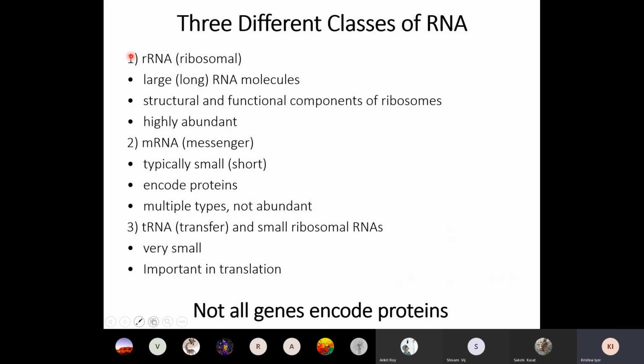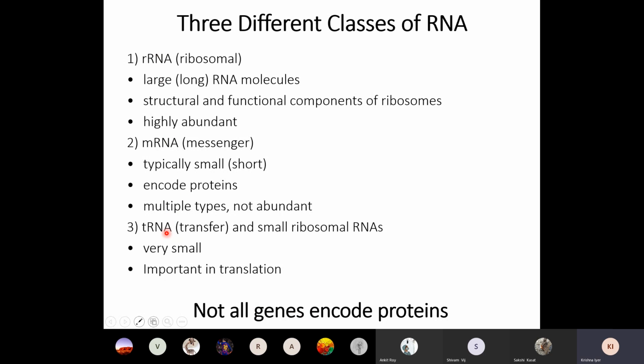Now, these RNAs themselves are produced by reading DNA, by RNA polymerases. Okay, so they are the final products of the information contained in the DNA, and therefore we make the statement that not all genes encode proteins. Some genes only encode for RNA.